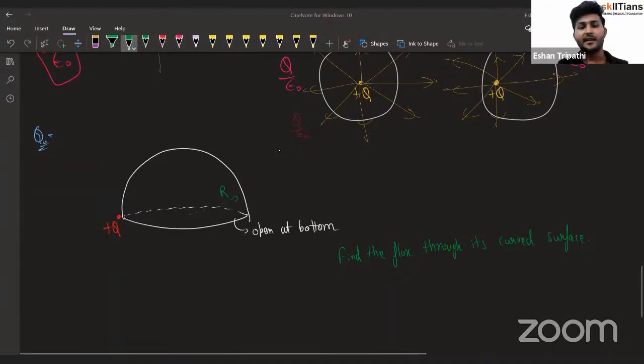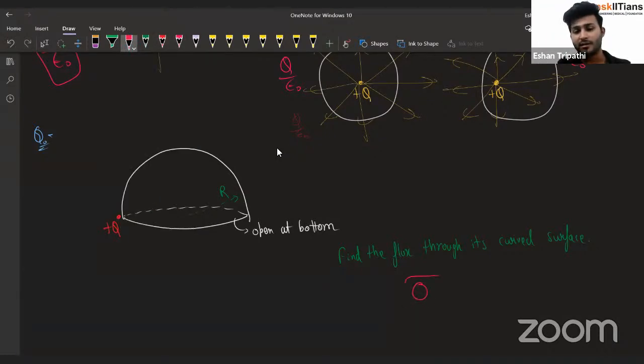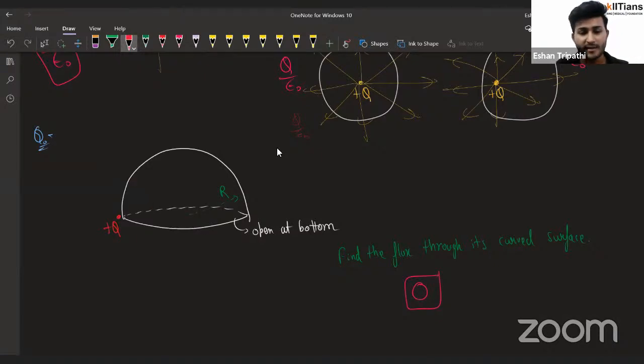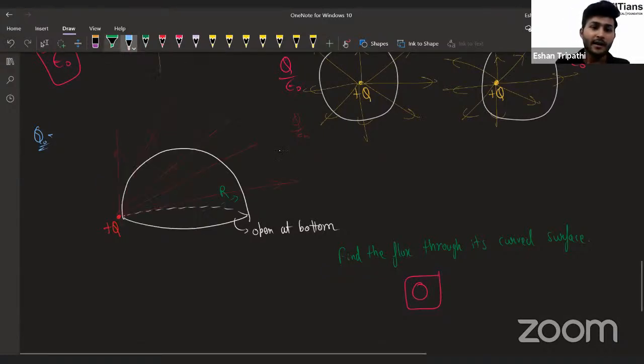Okay, yeah, guys, here the answer is straightforward: 0. Because again, don't do it mathematically, just visualize it first. What is the net number of field lines passing through this hemisphere? Can you imagine every field line that enters it is going to exit from the other side? We are supposed to remember this. Incoming field lines, incoming flux.